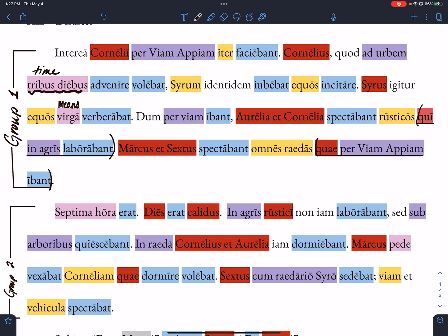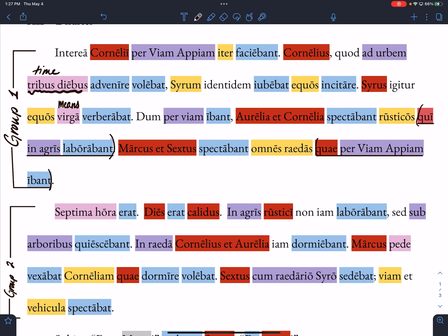Next sentence. While they were going through the roads, Aurelius and Cornelia were watching the peasants who were working the fields. Very good. Marcus and Sextus watched all of the carriages that were going along the Appian Way. Good. Group 1, I have a question for you.